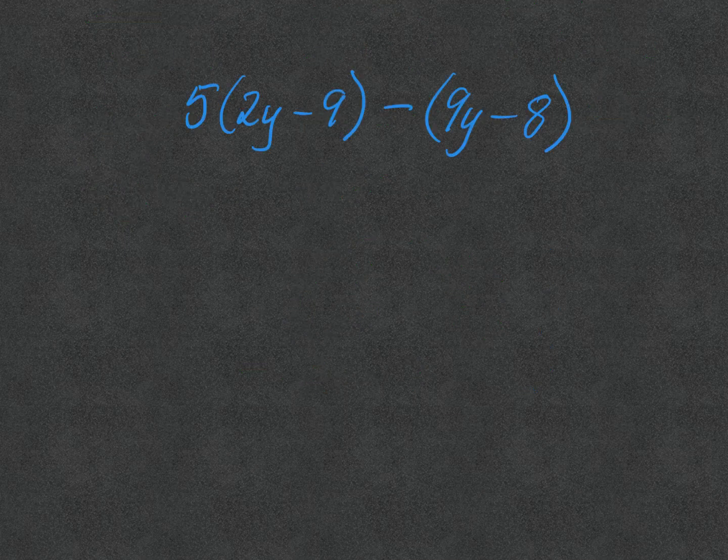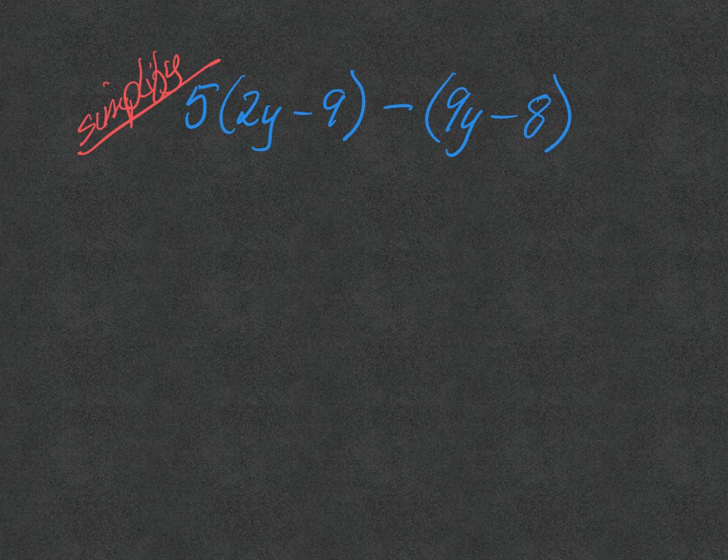When we need to simplify an expression like this, the directions say simplify. That basically means add and subtract like terms, but it also means perform any operations that need to be performed: add and subtract, multiply and divide.